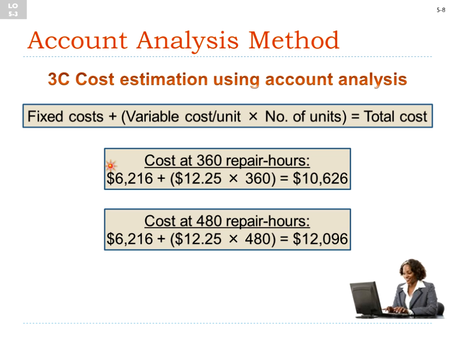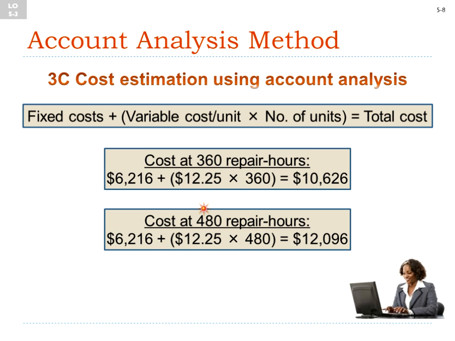We add the variable cost to that, and the variable cost is the repair hours, the 360 repair hours, multiplied by the 12.25 that we calculated on the prior slide, and we get a total cost of $10,626.